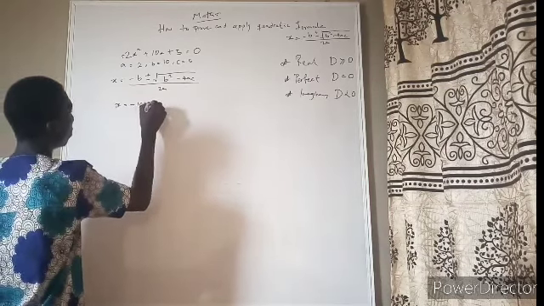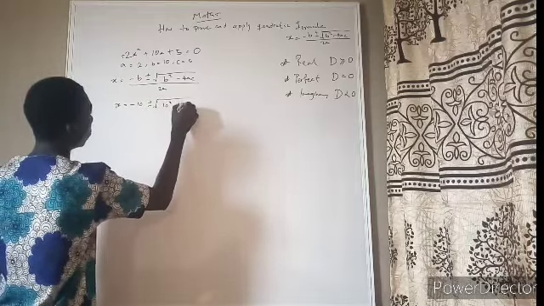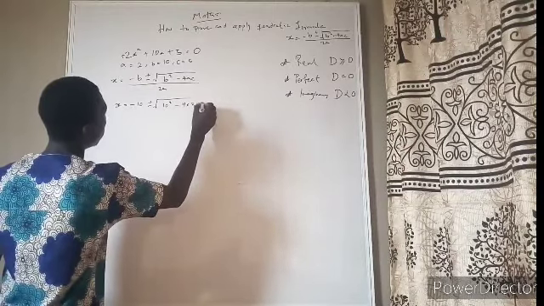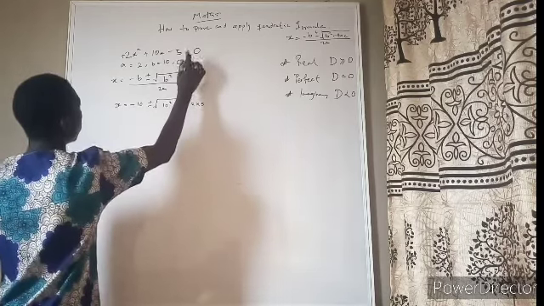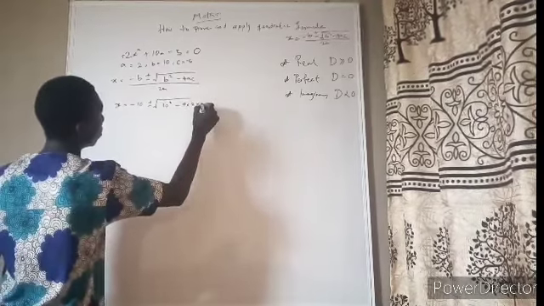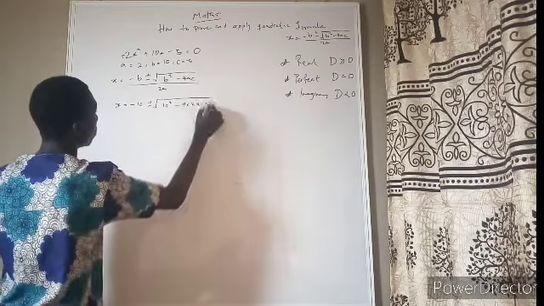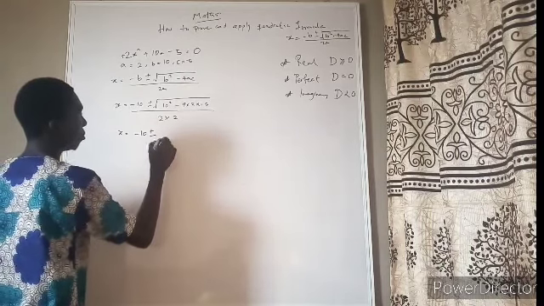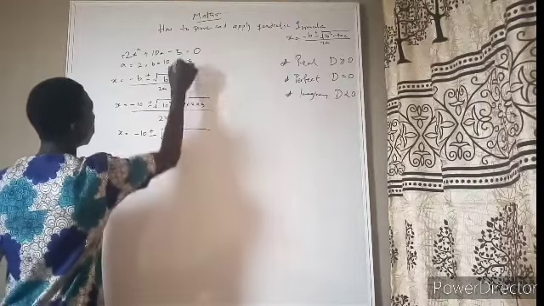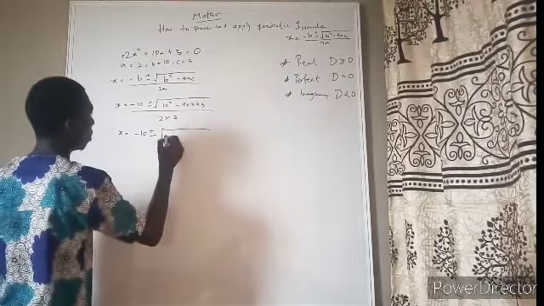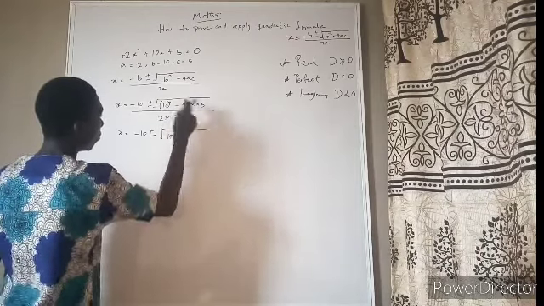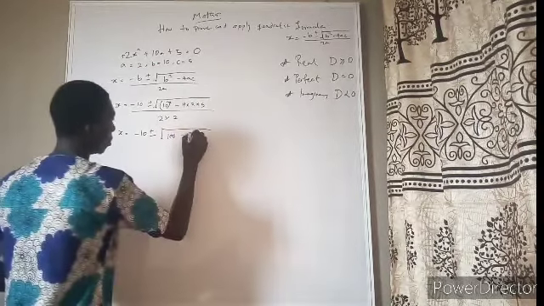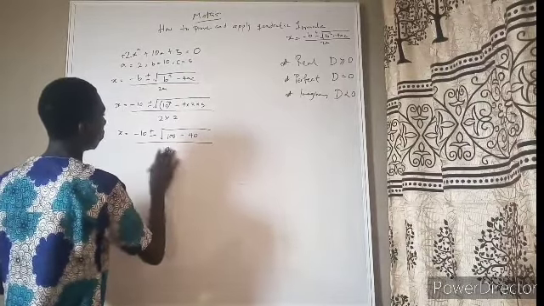Let's just substitute. My b is 10, so I have minus 10 plus or minus root 10 squared minus 4 times my a, which is 2, times my c, which is 5, all over 2 times a. So my x equals minus 10 plus or minus root 10 squared, which is 100, minus 4 times 2, which is 8, times 5, which is 40, all over 4.